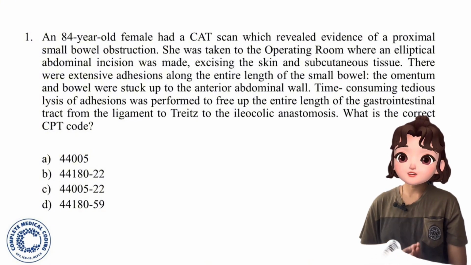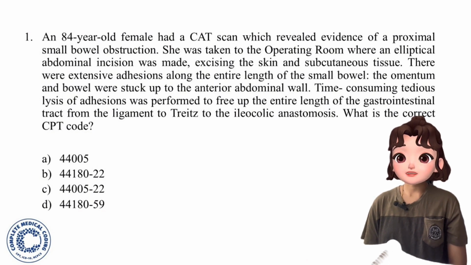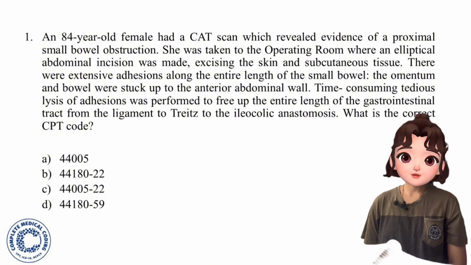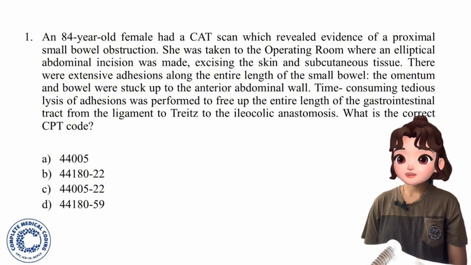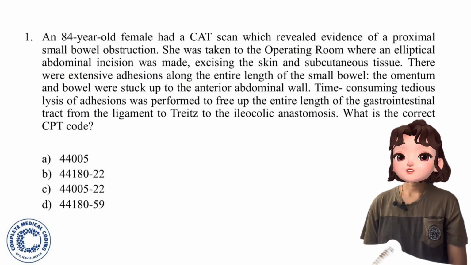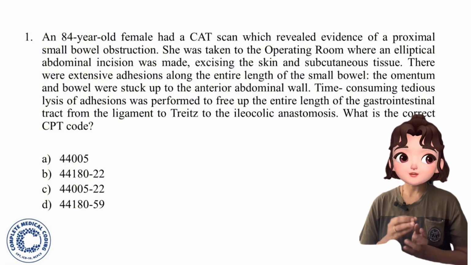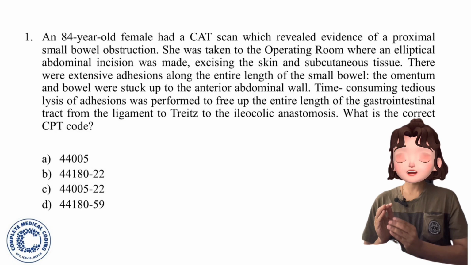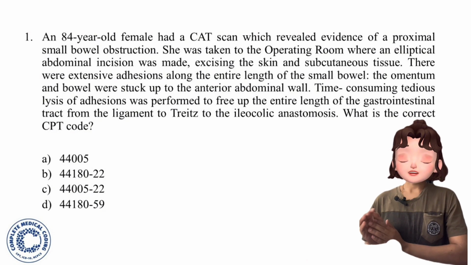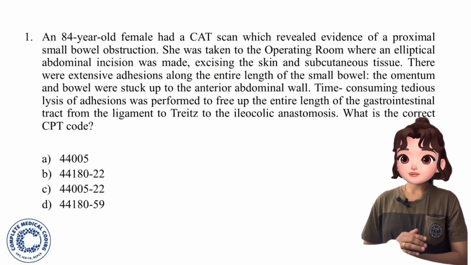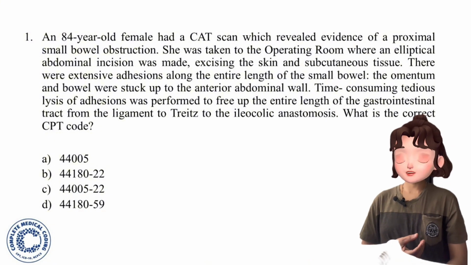Modifier 22 is used to reflect additional work that is not typically part of the procedure but does not qualify for its own procedure code. So modifier 22 is added to reflect some additional work, some additional procedure or part that is not a part of the current procedure. In that case, we will add modifier 22.